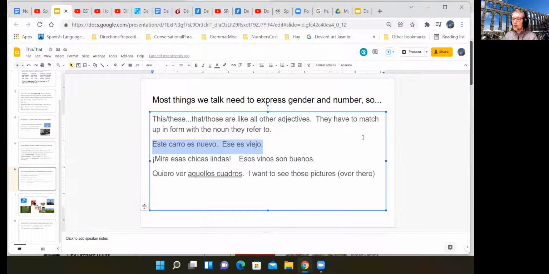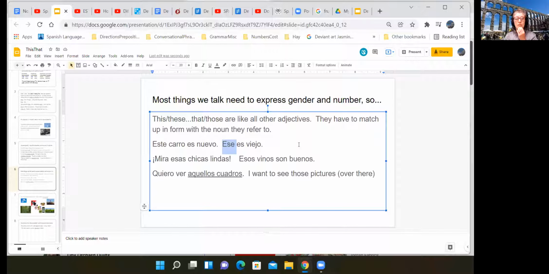Este carro es nuevo. This car is new. Ese es viejo. That one is old. Sometimes, once I know what I'm talking about, carro, on the second time around, that word carro may even disappear.